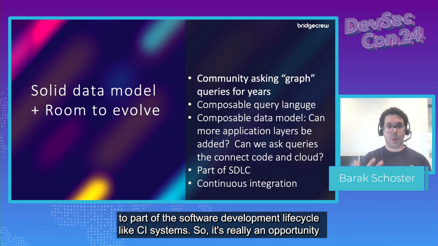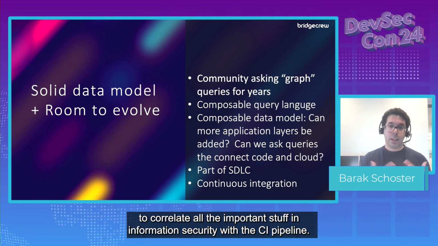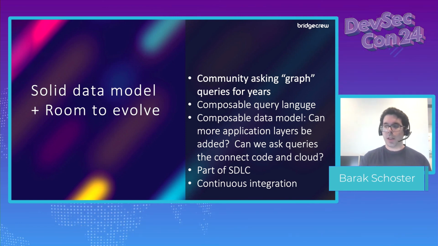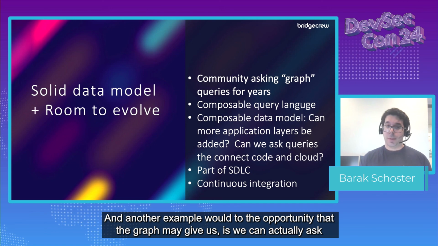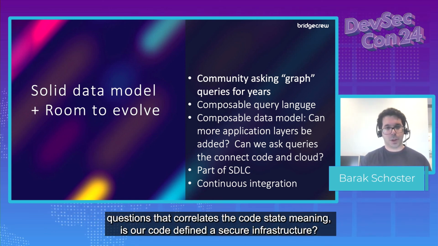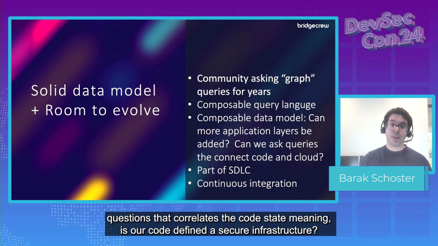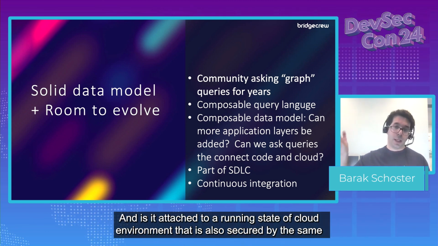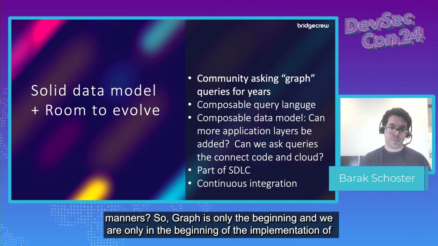So it's really an opportunity to correlate all of the important stuff in information security with the CI pipeline. And another example of the opportunity that the graph may give us is we can actually ask questions that correlate the code state, meaning is our code defined as secure infrastructure? And is it attached to a running state of cloud environment that is also secured in the same manner?